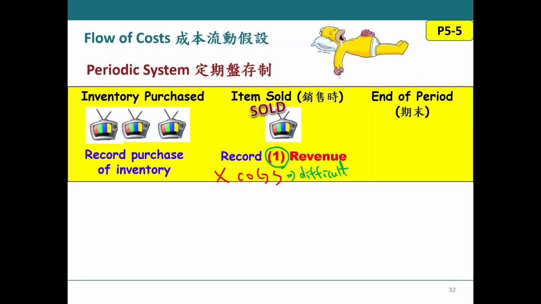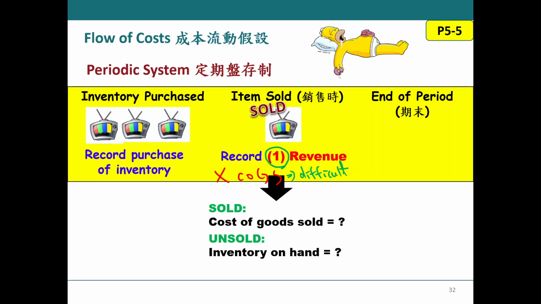So the key difference is right here. Cost of goods sold, periodic 定期盘存制. I don't want to do it. So because of this, do you know cost of goods sold? You don't know it. Then do you know how many are still in your company? You know 2 units, but you don't know the money. You don't know the numbers, okay?